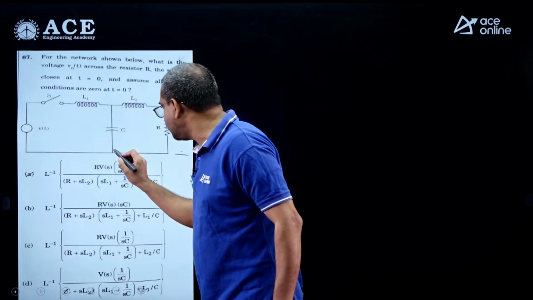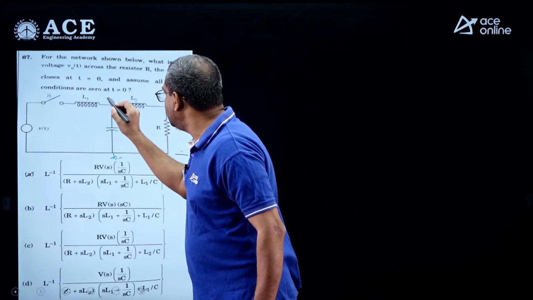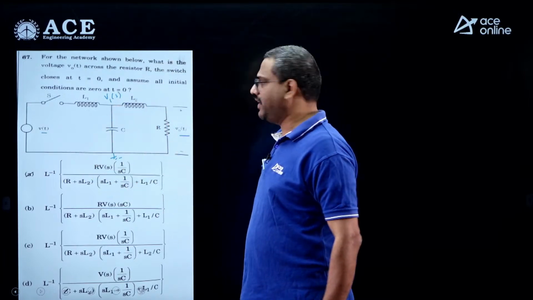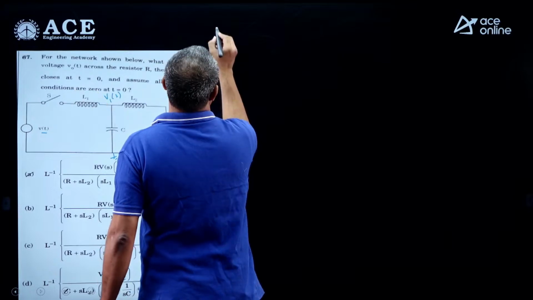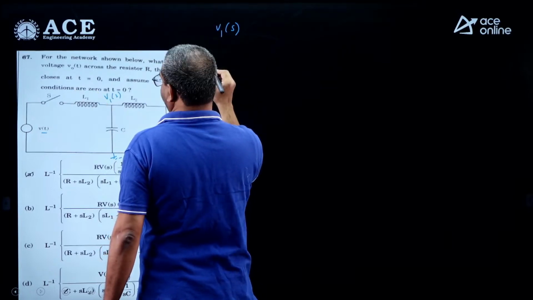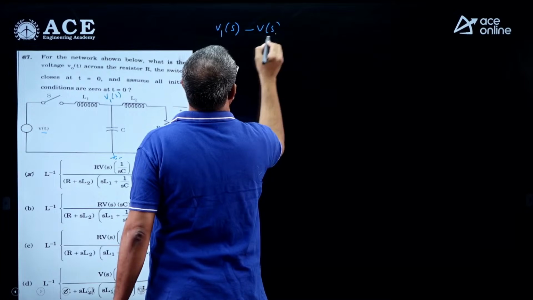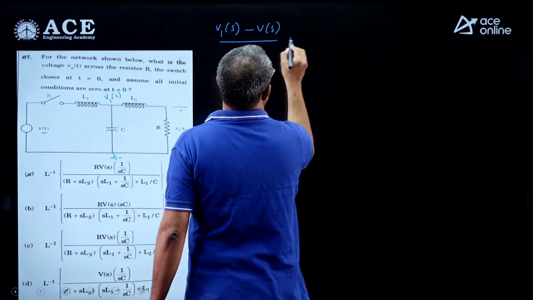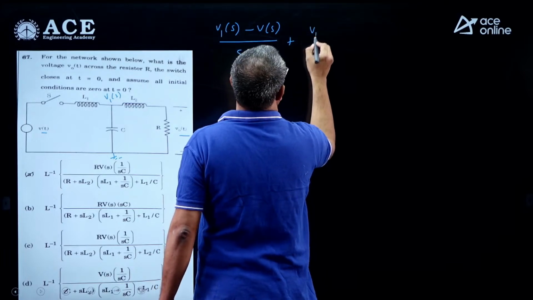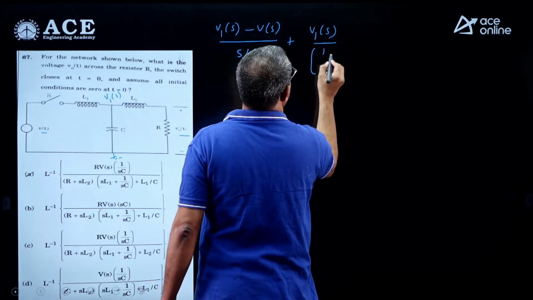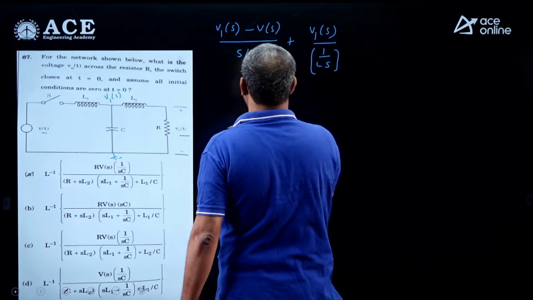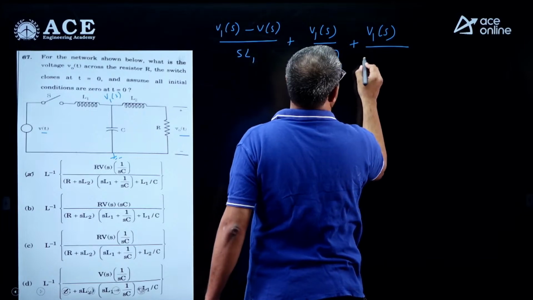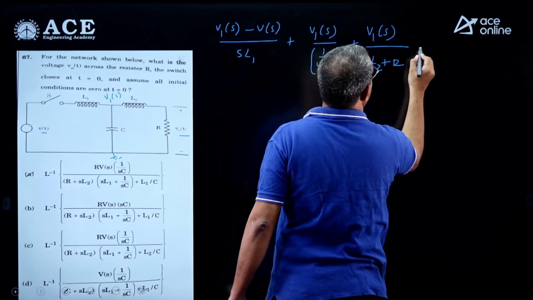So in Laplace domain, let this be V1 of S, let this be V of S, let this be VO of S. If I write the nodal equation KCL, this current, that is V1 of S minus V of S by SL1, this current, and this is V1 of S by 1 by CS plus this current, directly V1 of S by total path impedance SL2 plus R equal to 0.